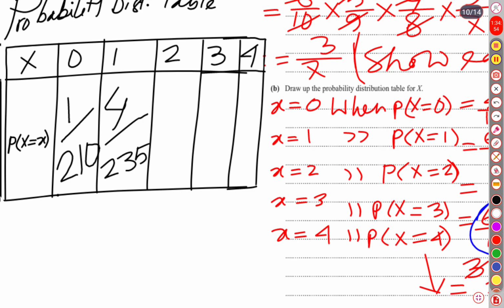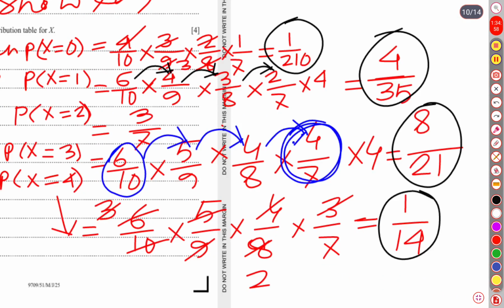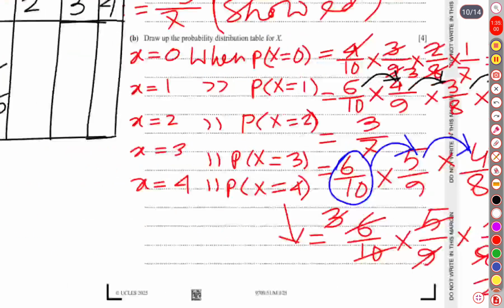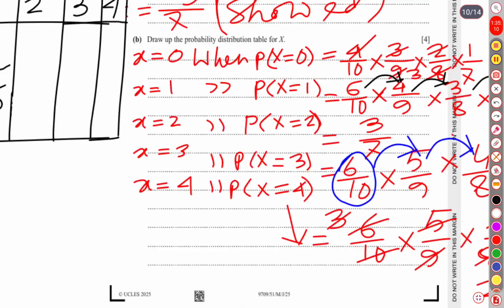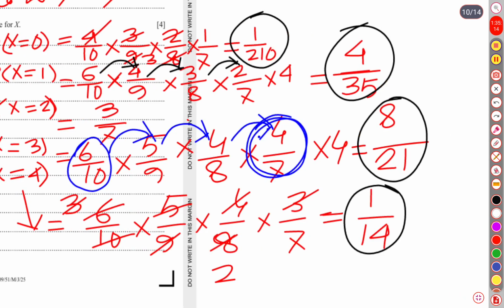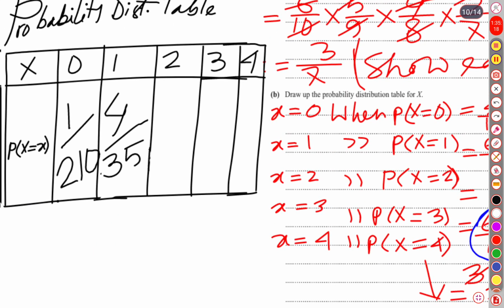And the third, when x is 3, our probability was 4 over 35, not 235. It was only 35. So let me erase this. When x was 3, it was 8 over 21. Next one is 8 over 21.